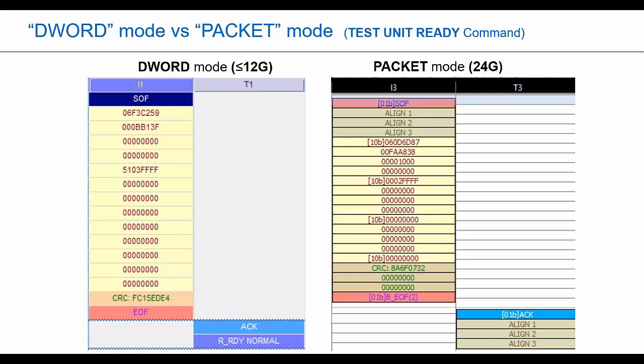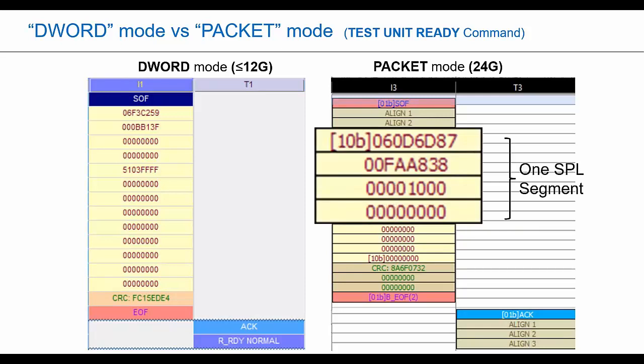This is a test unit ready command viewed in our link tracker with the 24 gig traffic on the right. We strip out the FEC strings in this view, but you can roughly make out the SPL structures because of the 2-bit SPL header.